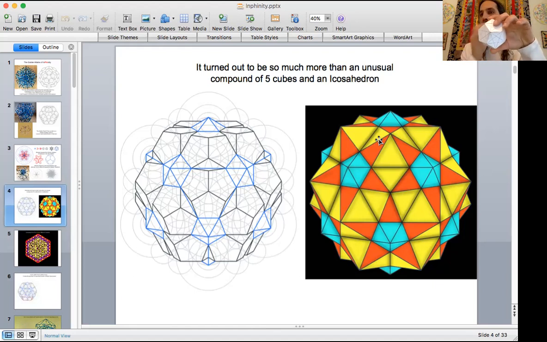We have 5 cubes in this shape, creating the vertices of this. And I had an unusual compound of an icosahedron, the big lighter blue shape, with the dodecahedron, which is not rounded, I haven't connected the lines here, but that's a 5-cube compound, which would be this form if I connected those lines. So I had it built, I had to deconstruct it, and it became this that's over here to my left that I just showed you.